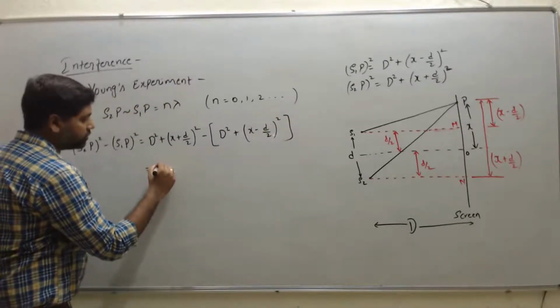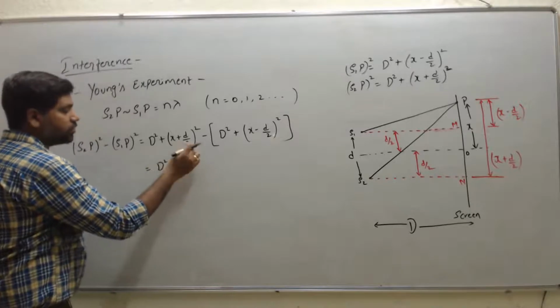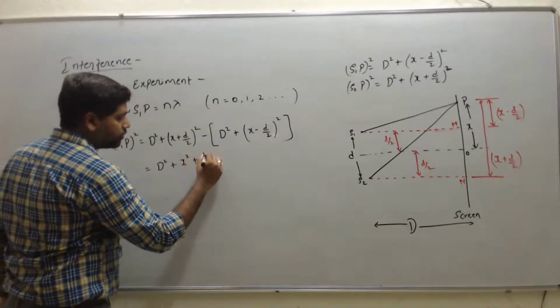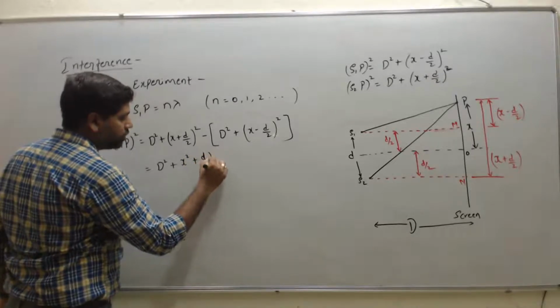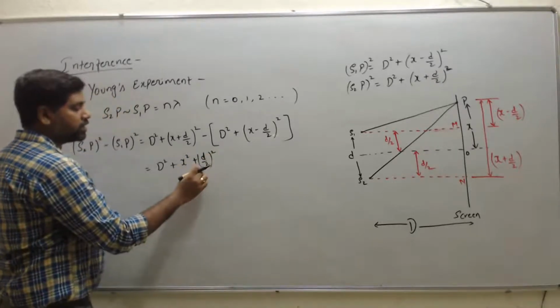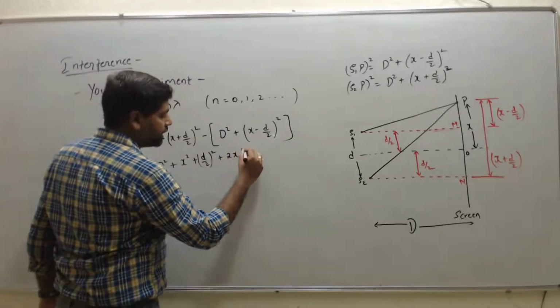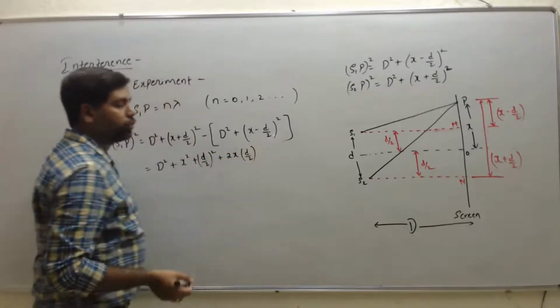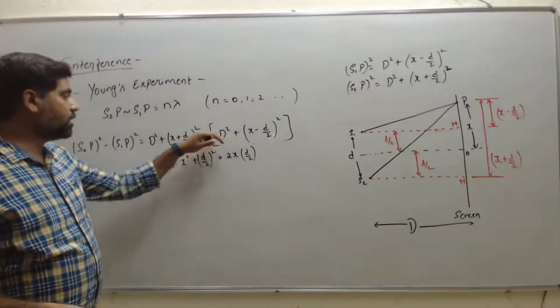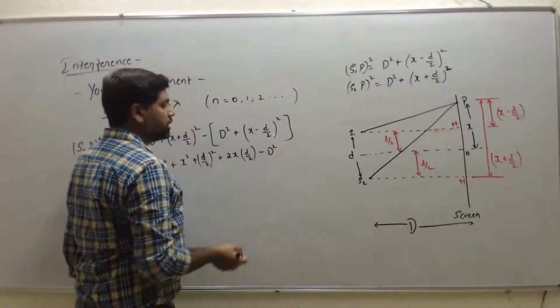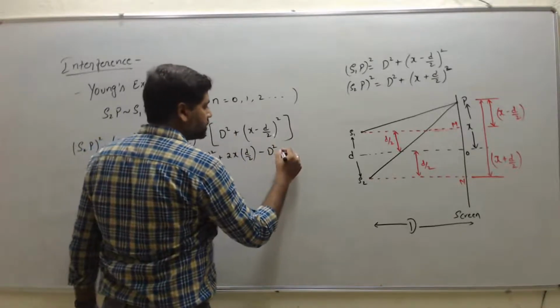Then if you further simplify, this one is a plus b whole square, that is a square, that is x square plus d by 2 whole square plus 2 into x into d by 2. So next is minus of d square, then we can write this one as minus d square. So plus into minus is minus.